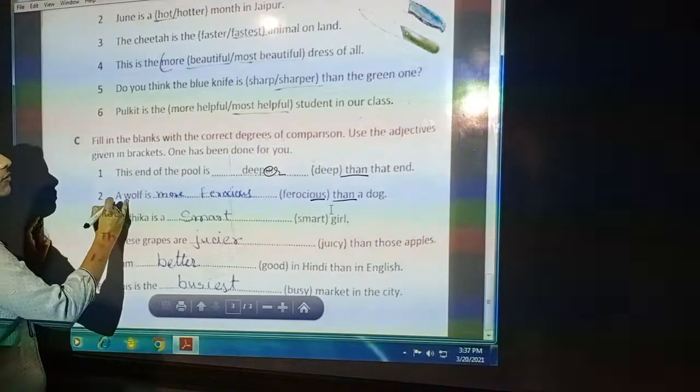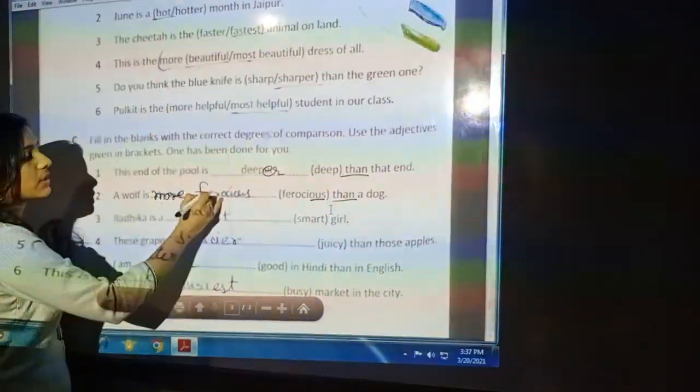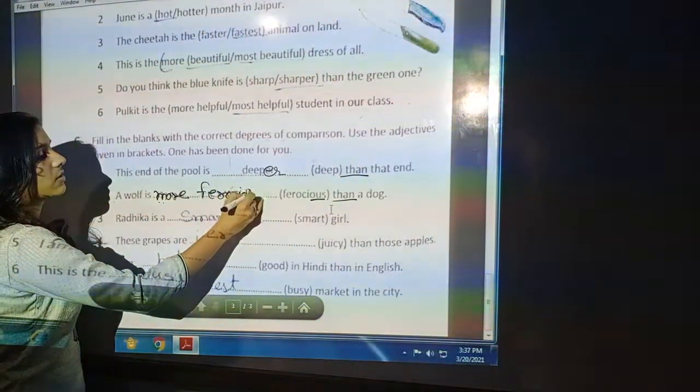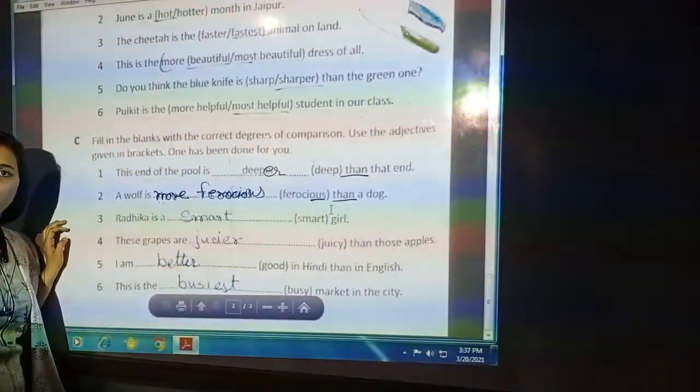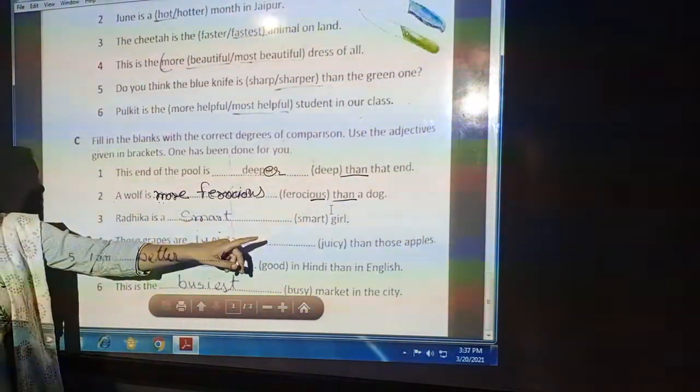So it will become: the wolf is more ferocious than a dog.